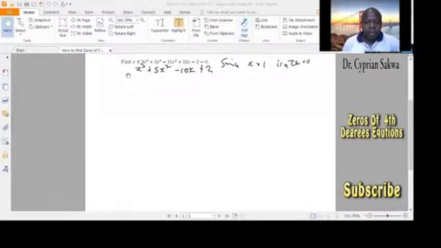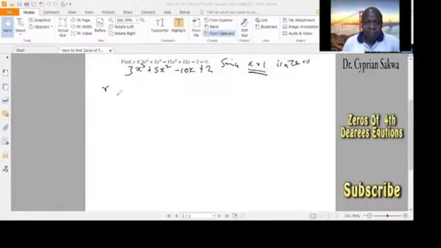This was 3x cubed. Now, we want to see if we can get another solution. Want to find out whether this one can be reduced.